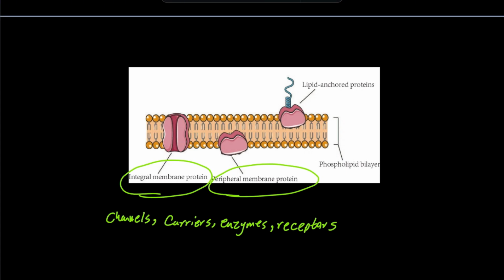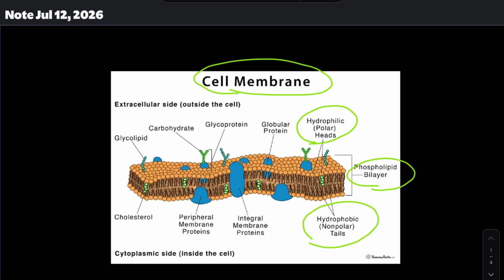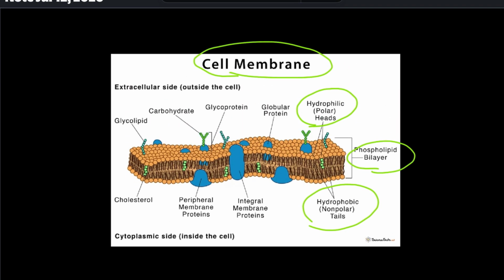Animal cell membranes also contain cholesterol. Cholesterol acts as a regulator of membrane fluidity.